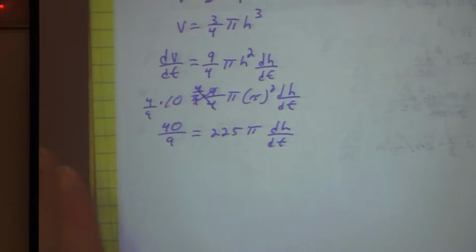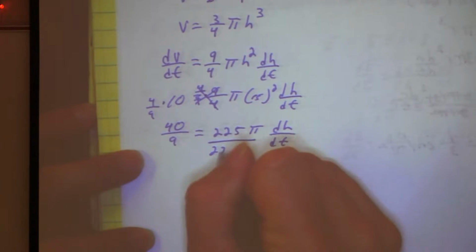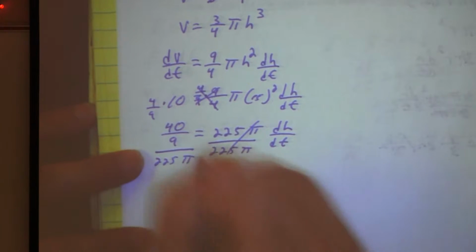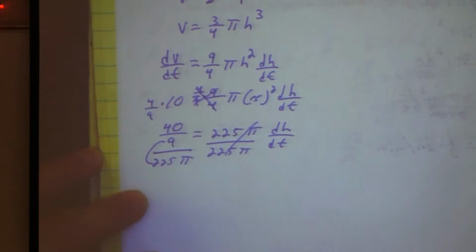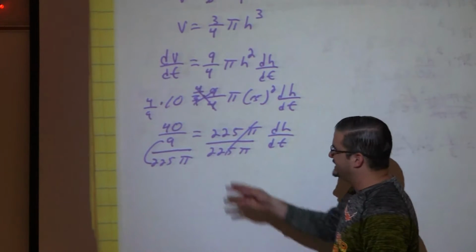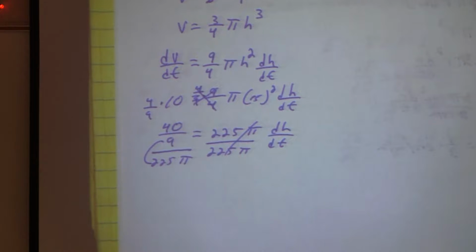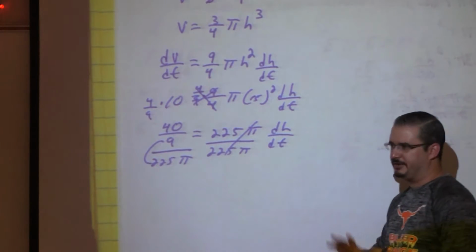Now let's get rid of that 225 pi by doing what? Dividing by it, right? Now really all I have to do is multiply 225 times 9. To do that, let's do 9 times 200 instead of 9 times 225. What would 9 times 200 be? 1800, right? 9 times 2 is 18 and add the 2 zeros. Are we okay?